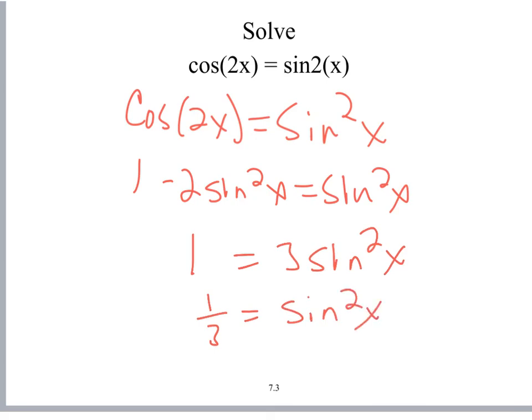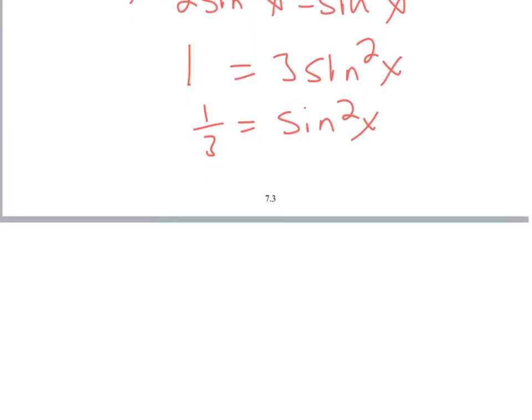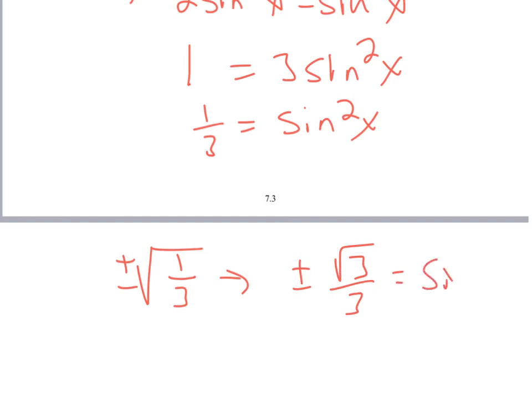And then I'm going to take the square root. So that's going to give me plus or minus the square root of 1 over 3. That's equal to sine x. So doesn't that clean up to plus or minus root 3 over 3? And that's what's equal to sine x.